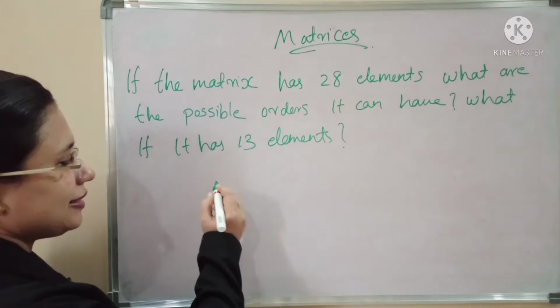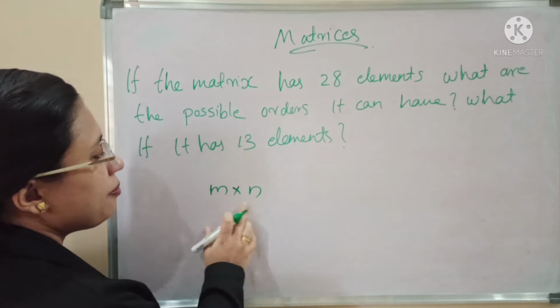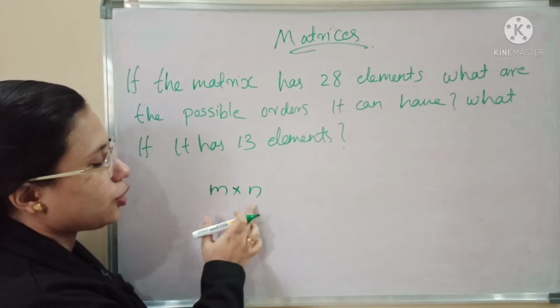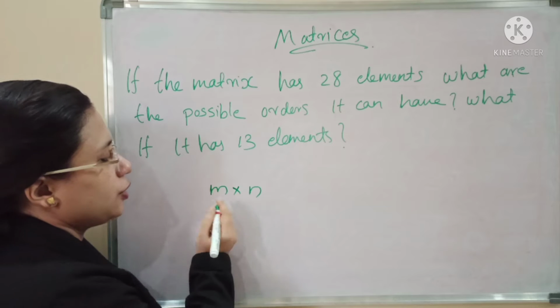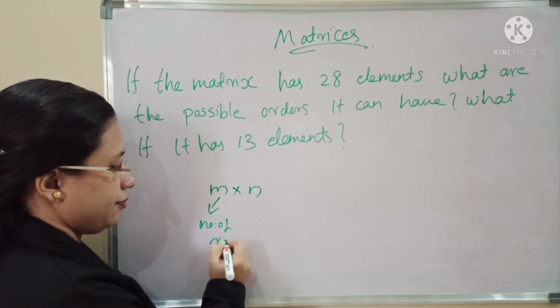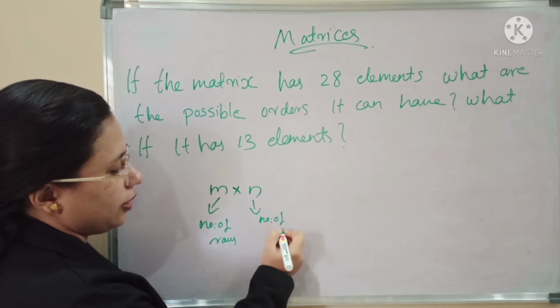Basically, the order of a matrix means m by n. This is not multiplication. m is the number of rows and n is the number of columns.